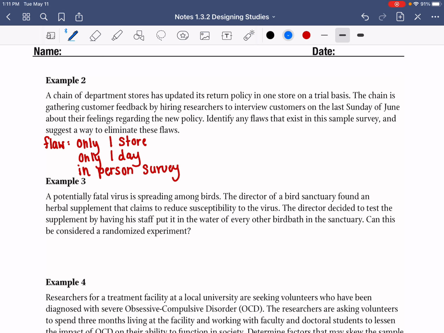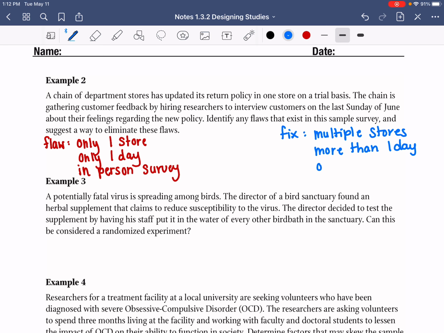So instead, some fixes. It says suggest a way to eliminate these flaws, ways that we can maybe fix some of these things. We could use multiple stores to try it out. We would want to do more than one day. And if you guys have ever gone to a store, you've seen at the bottom of the receipt, they say, take this survey and get entered to win a drawing or something like that.